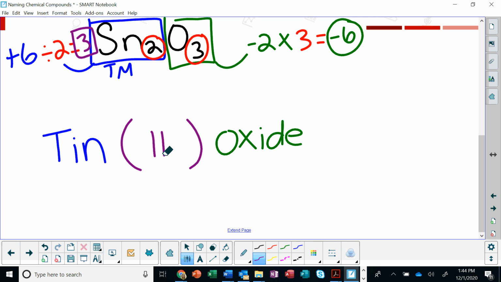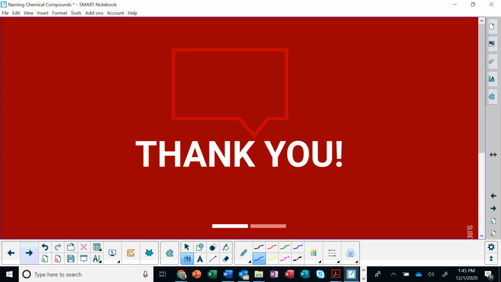So this is 3. Okay? So this is figuring out your charges and how you get your Roman numerals. And that is the end of learning how to do our naming of compounds.